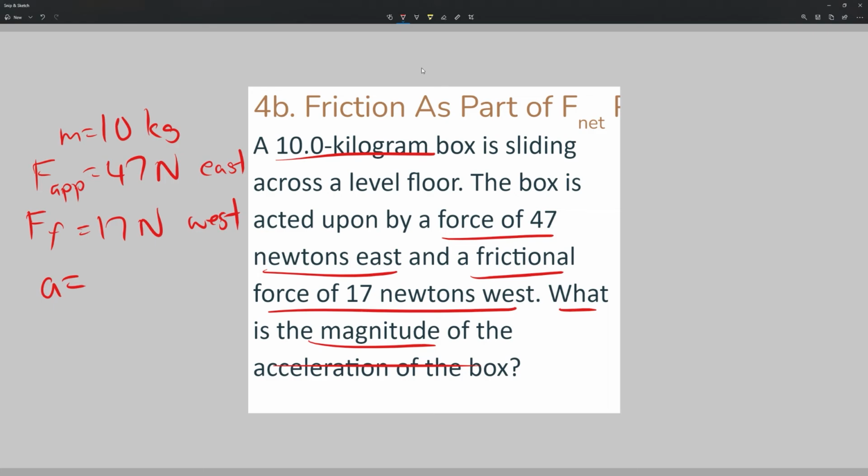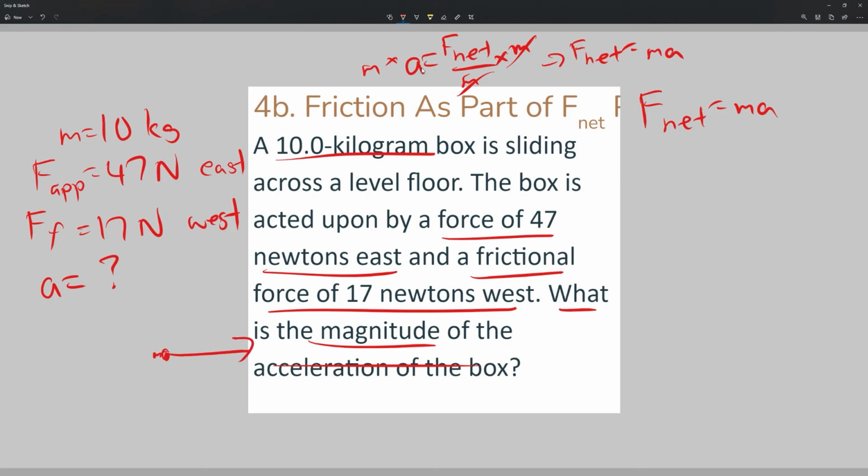So you're going to set up your equation. F net is equal to ma. That's Newton's second law: a is equal to F net over m. If you multiply by m on both sides, you get F net is equal to ma. F net here is the sum of all your forces. There are only two forces acting in the x direction here, your applied force and your force due to friction.